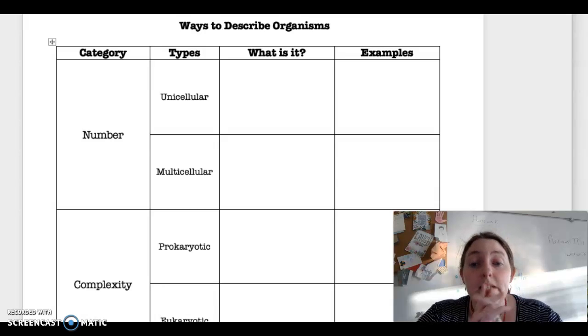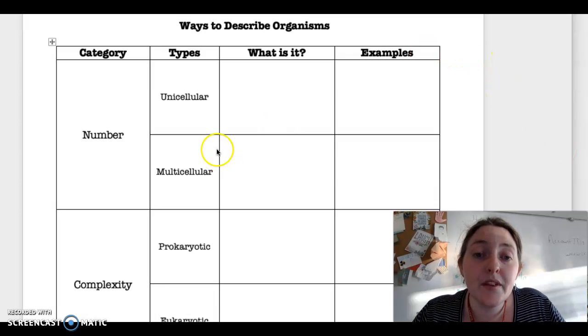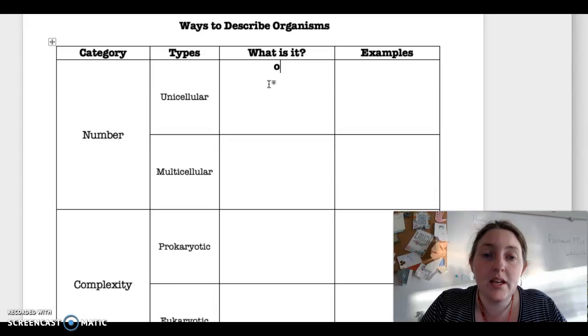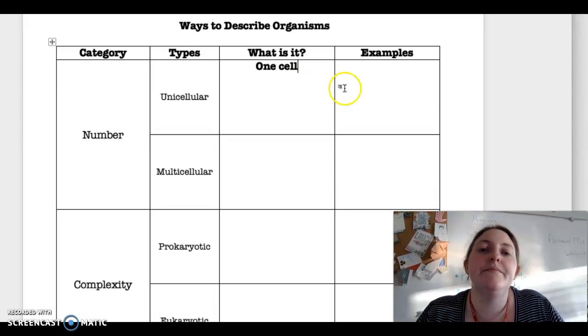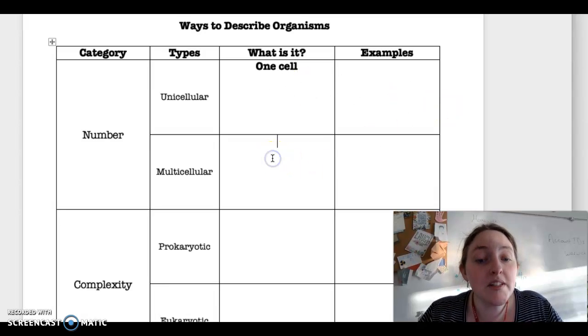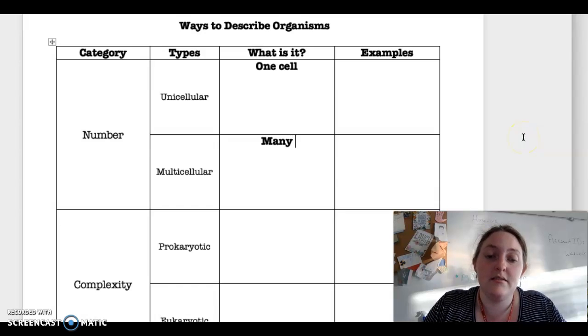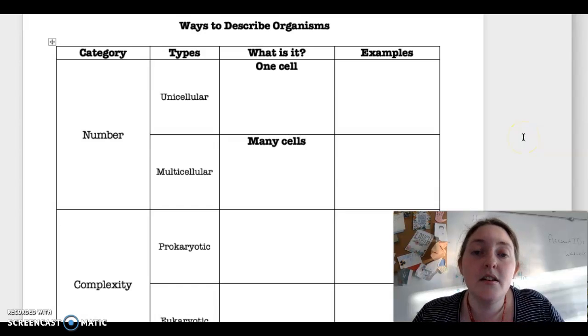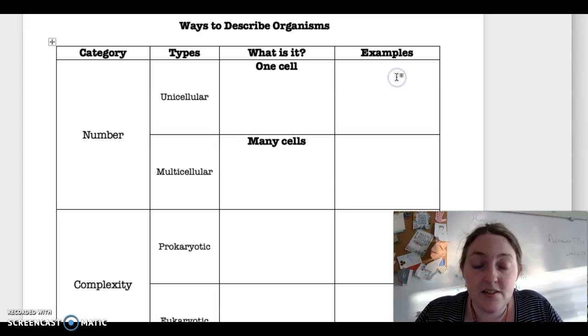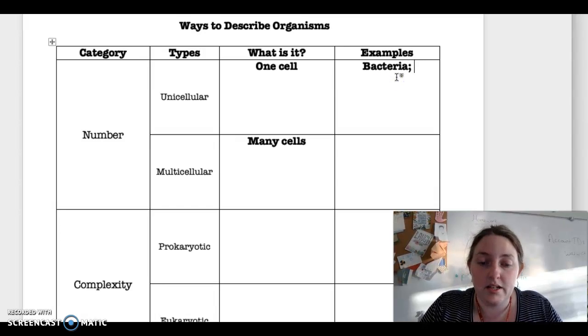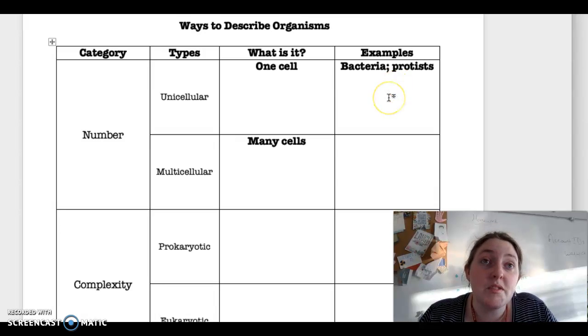So one of the ways we can describe organisms is by the number of cells they have. So unicellular means one cell. Multicellular means many cells. An example of unicellular would be bacteria, protists, some simple single-celled fungus.